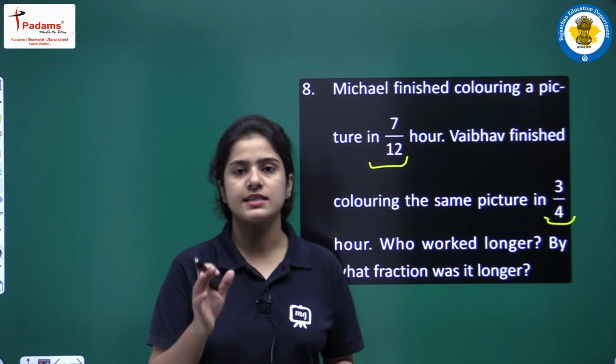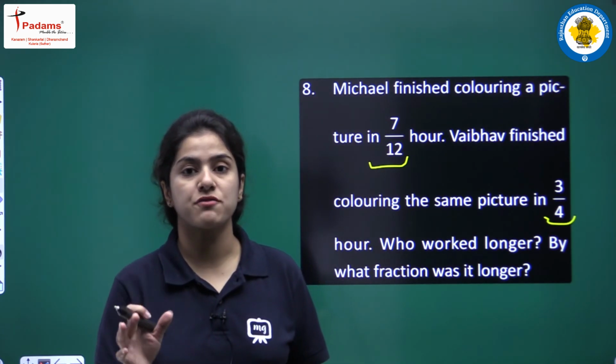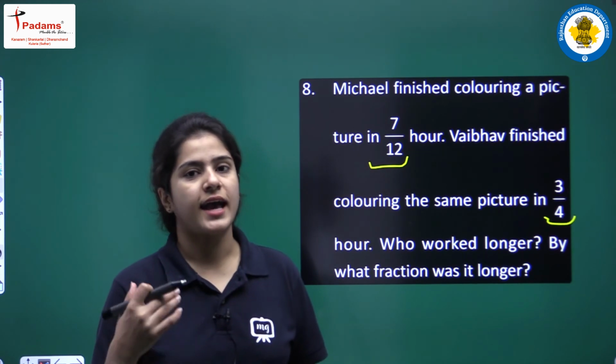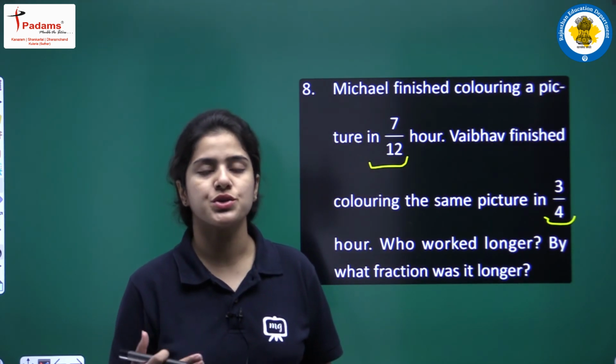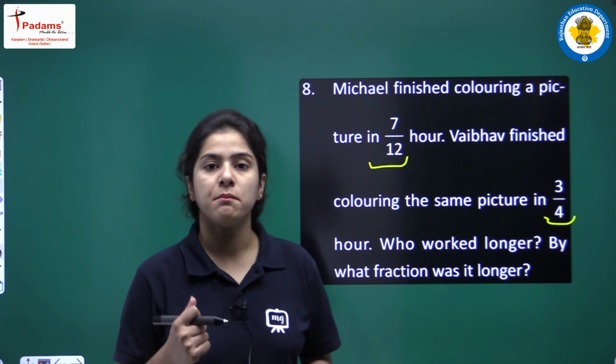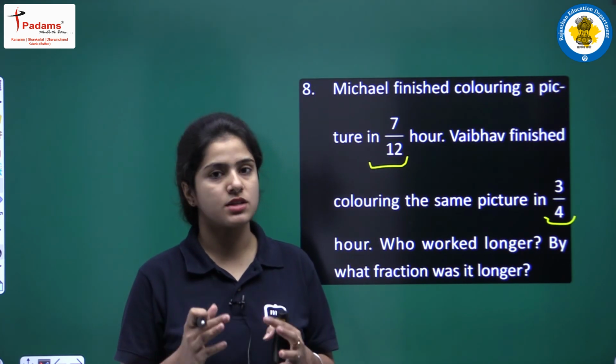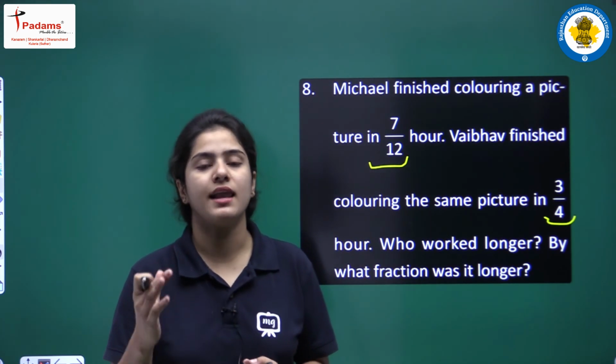Firstly, in this question it is very clear that you have to compare the two fractions, right? And for comparing the two fractions, you have to make their denominators the same. That means you have to make them like fractions.